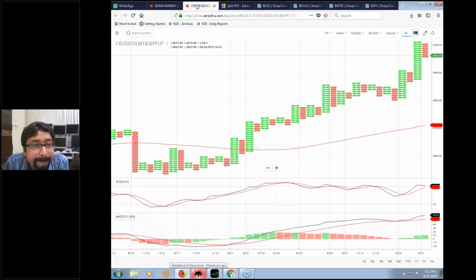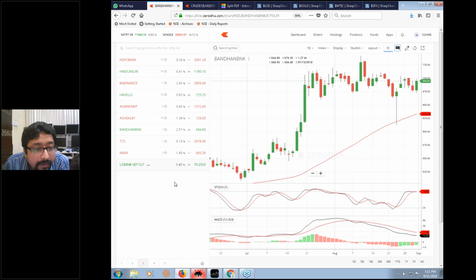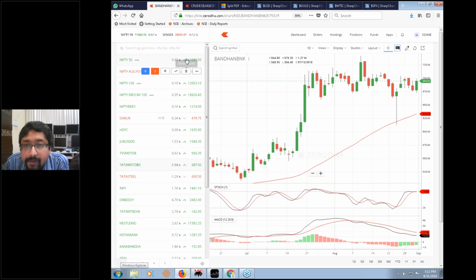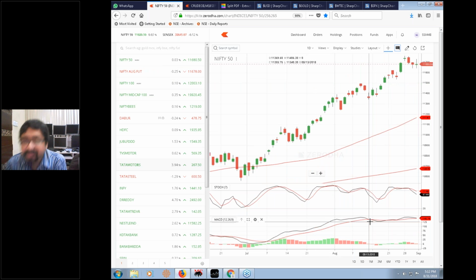As you can see, this is the daily chart of Nifty. Today we closed at around the 11,680 region, and for the past 3 days, volatility has increased. There is no doubt about that, and that is the only concern. There is no other concern.